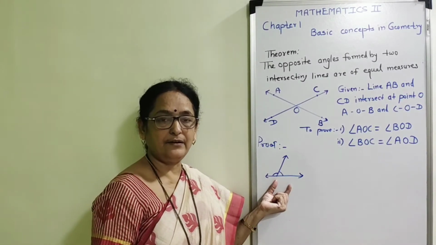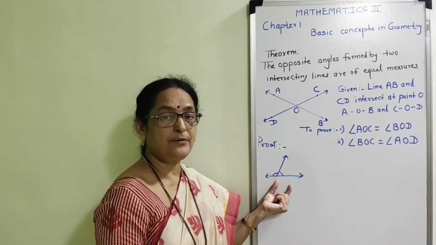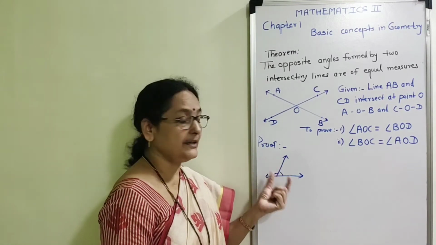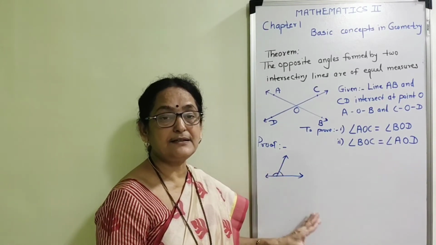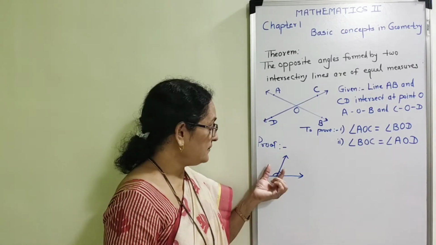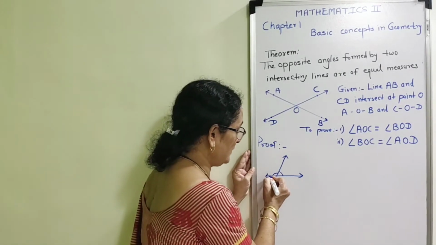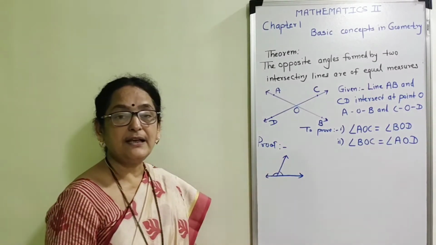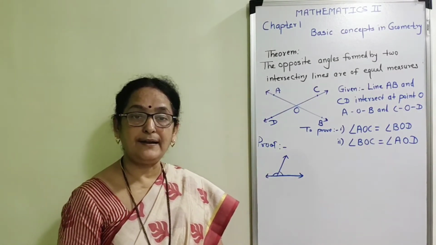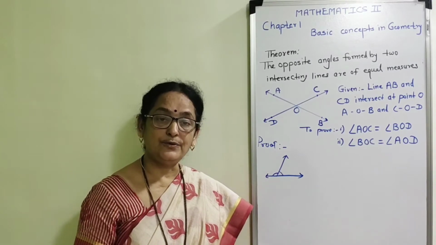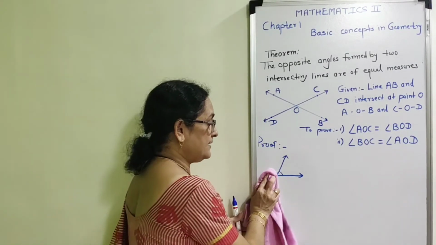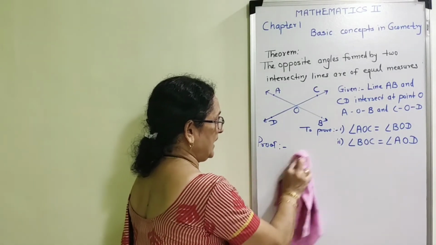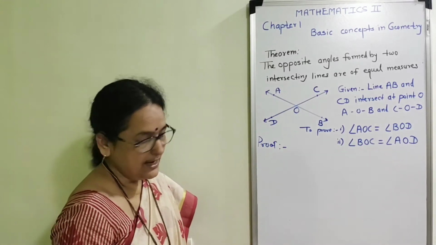In 8th standard, you have learned the important property related to angles in a linear pair: when angles are in a linear pair, the sum of the measures of these two angles is equal to 180 degrees.